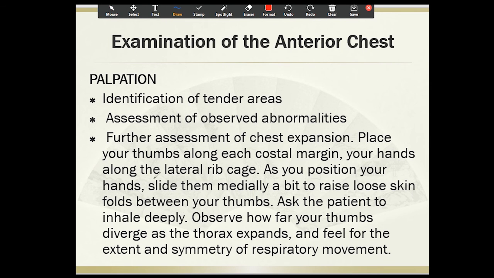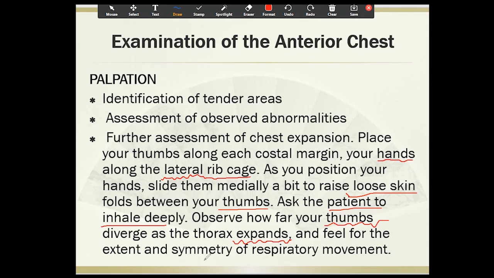So as mentioned here, the hands go along the lateral rib cage area, and we put a loose fold of skin between the thumbs. Ask the patient to inhale deeply, and look at the thumbs separating as they follow the patient's expansion, with the space getting bigger.